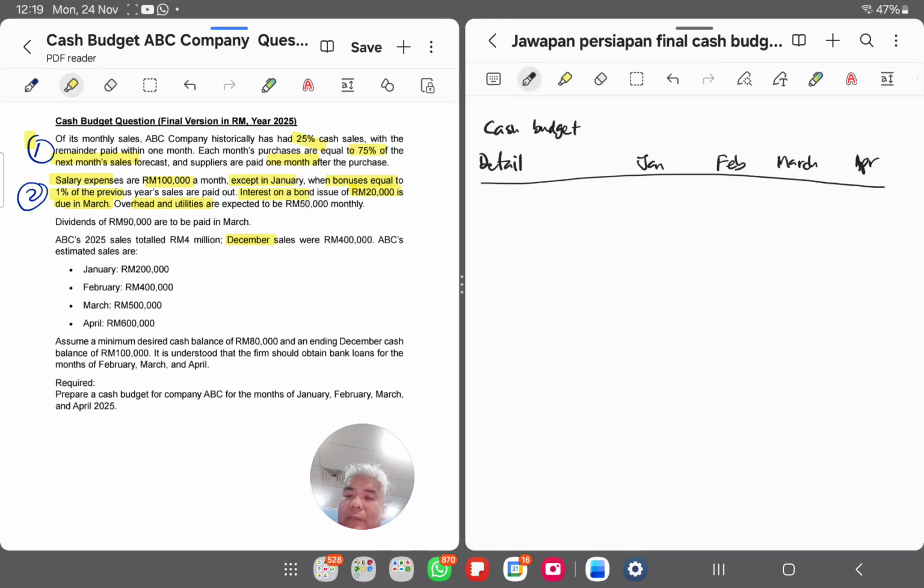Any bills we have to pay approximately 50,000 monthly. Then this also has a payment due in March, 90,000. This is a single amount, not to be paid monthly. So this is very clear.